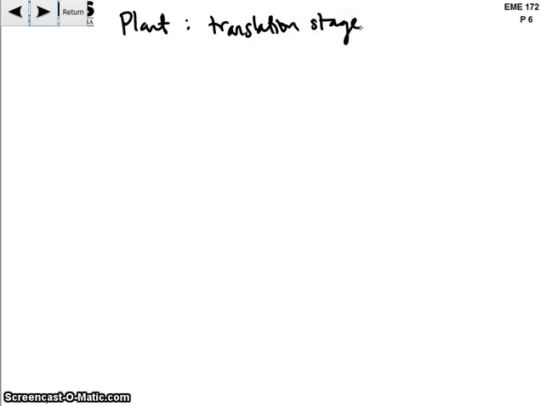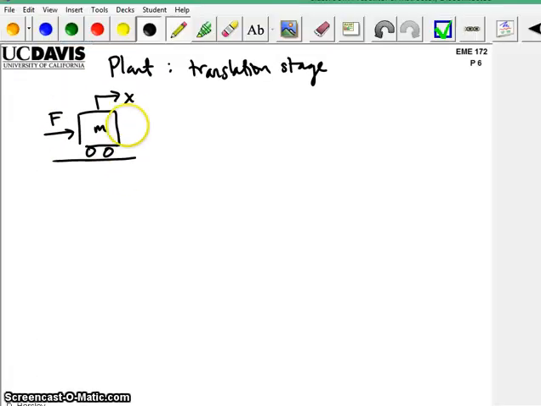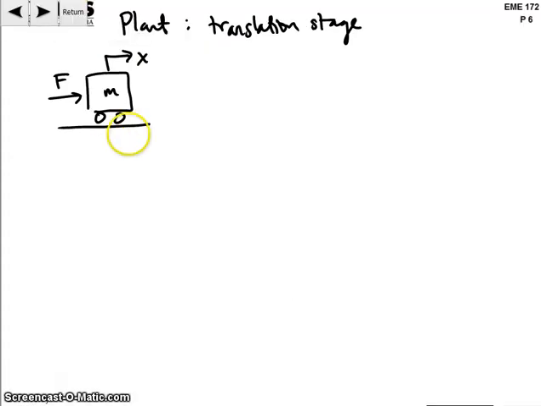Okay. And the dynamics for this thing is we have a moving sled sliding on bearings. It has some mass. It's moving here, and I apply a force. And there's some bearing friction from these guys, and that's equal to b times x dot, my usual linear model.